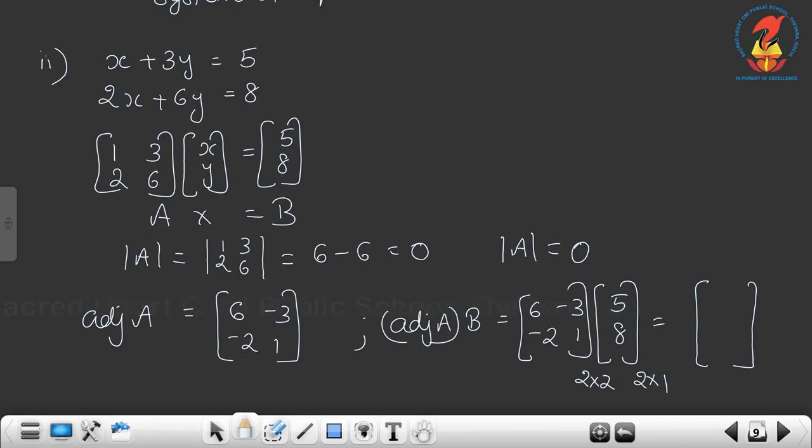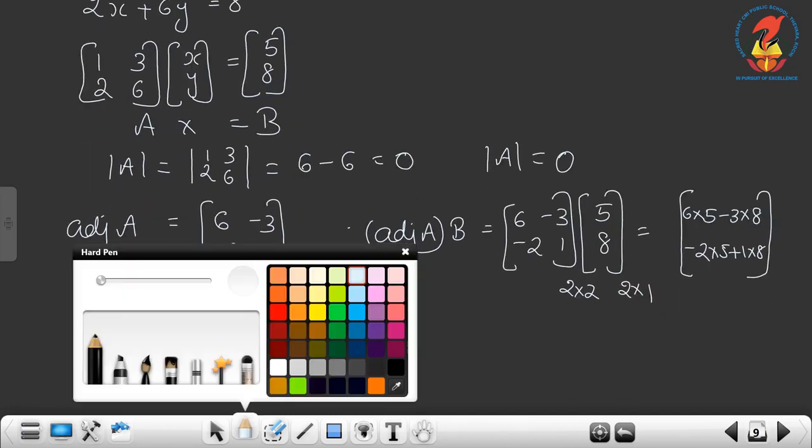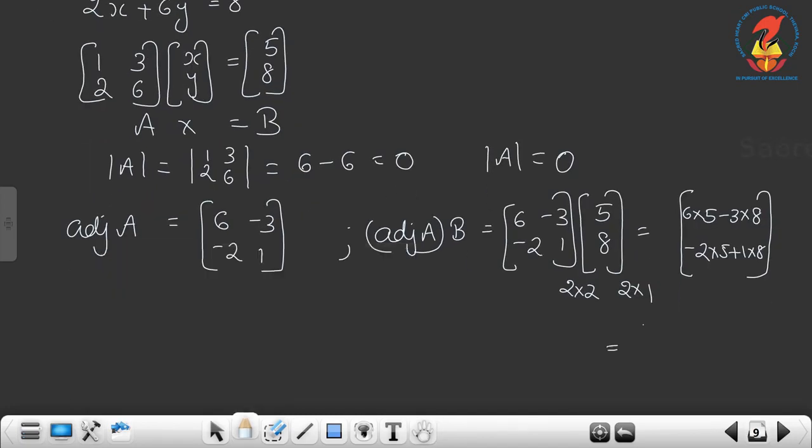Multiply first row into first column. 6 into 5 minus 3 into 8. Then minus 2 into 5 plus 1 into 8. That's equal to 30 minus 24, that's equal to 6 and minus 2.